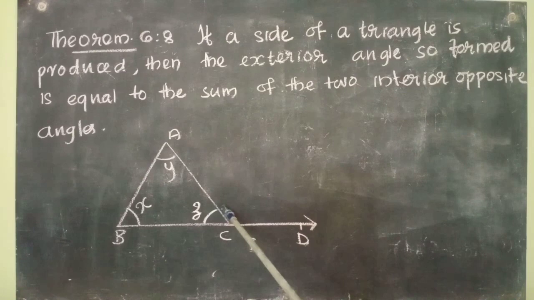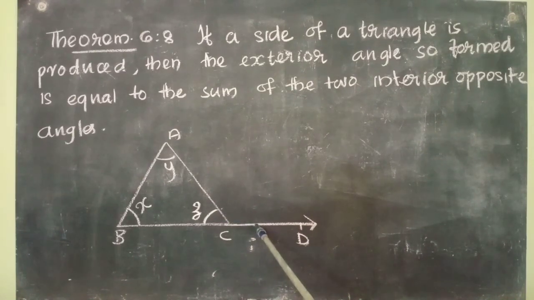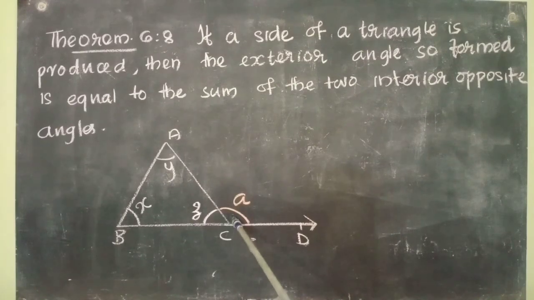Now you can see there is formed an exterior angle. I named the exterior angle as A. Now we can understand this Z and A are linear pair because they are together forming straight angle. So Z plus A equal to 180 degree.